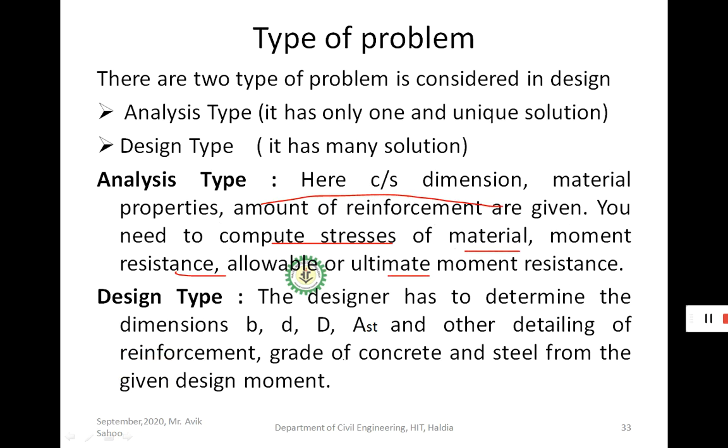In a design type problem, the designer has to determine the dimensions, the detailing of reinforcement, and the grade of concrete and steel from the given design moment. Only the design moments, spans, loadings and types of beams are given. You have to find out what the section will be, how much steel is required, what type of reinforcement, and how the reinforcement is arranged following the code.